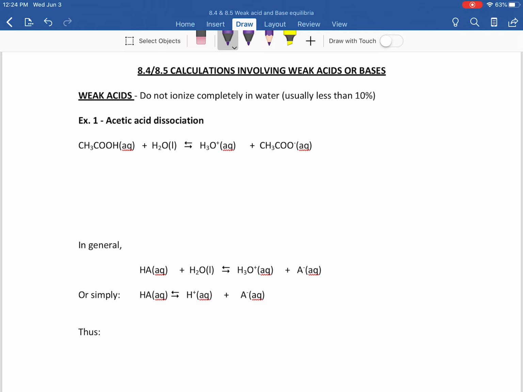So let's just remind ourselves about dissociation of acids. I'm just going to assume you've forgotten everything that you learned yesterday and remind you that the definition of an acid is something that is a proton donor. So in this case, if I have acetic acid dissociating in an aqueous solution, we can say that it donates its proton to water.